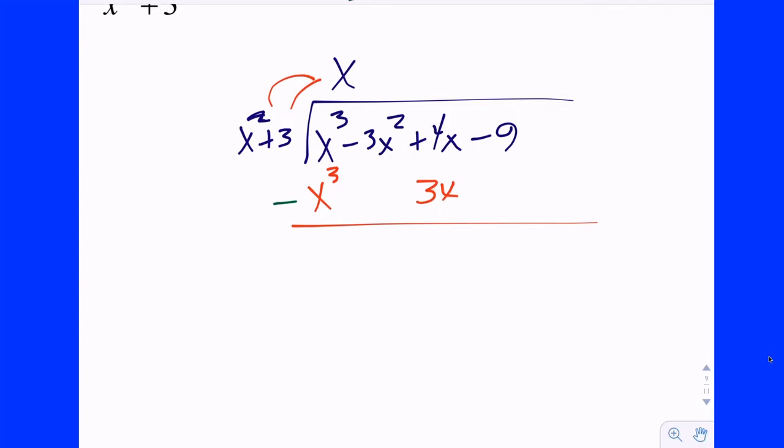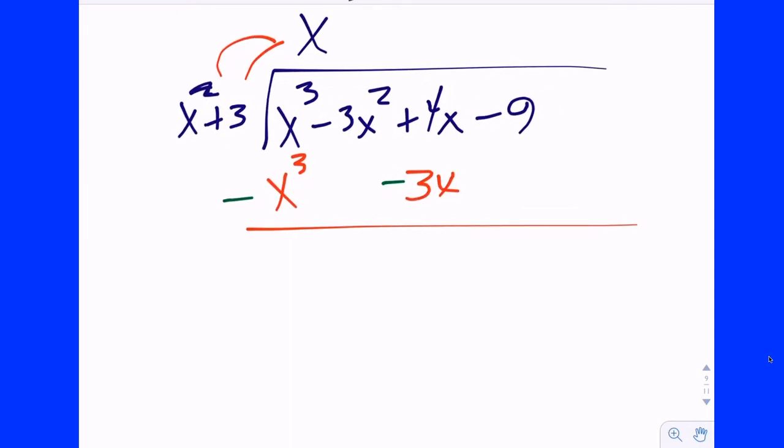It becomes plus 3x, which becomes minus. Sometimes there's such thing as too efficient. So negative 3x squared is going to come down, and I get a plus x. Thank you. And then this minus 9 comes down.